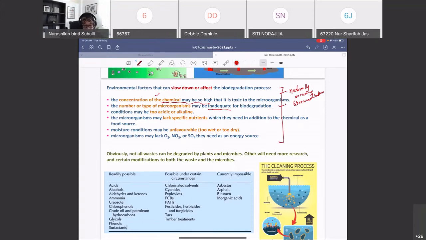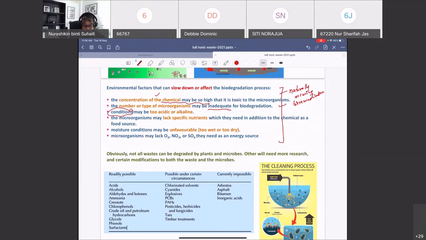Okay, the conditions may be too acidic or alkaline. The conditions here refer to the environment that surrounds the materials, and also the microbes. So when the condition is not optimal, even though there are microbes and there is food, it might not be favorable for them.